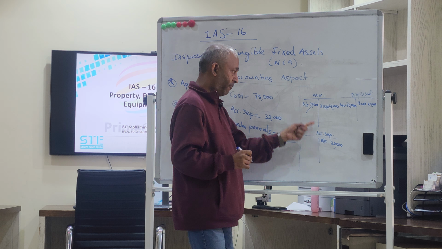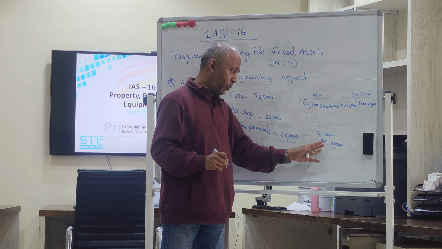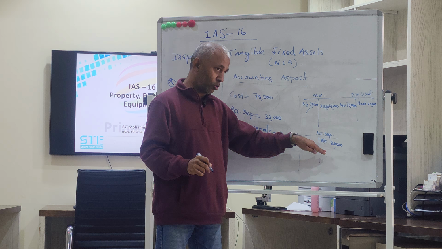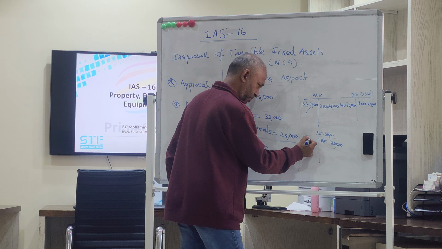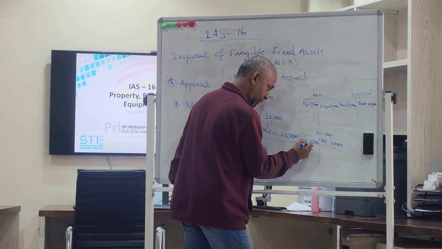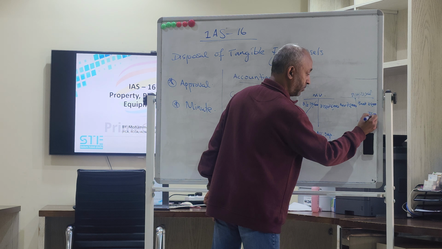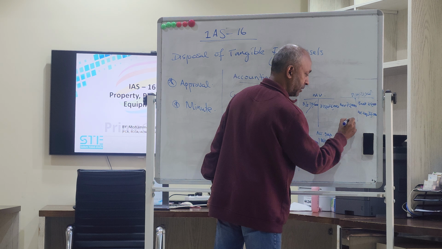Then once the cost of the asset has been removed, there is no point in keeping the accumulated depreciation as well. This also has to be removed. So you transfer this also to disposal. You debit here and then you credit accumulated depreciation.